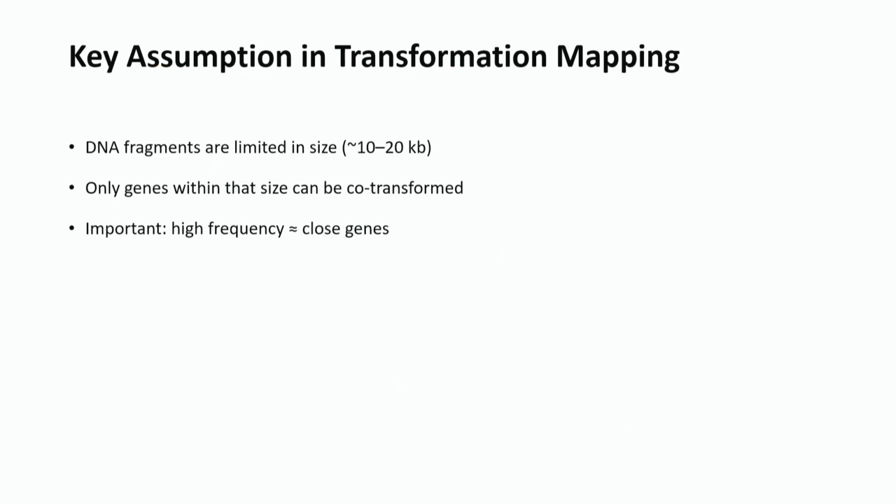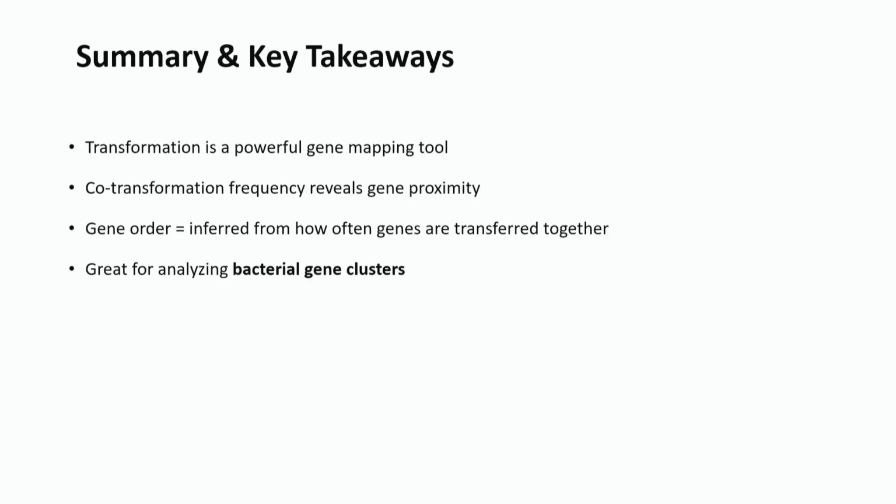The key assumptions in transformation mapping are that the DNA fragments are of limited size, right, 10 to 20 kb. It is very difficult for a bigger DNA to get its way into the bacterial cell. So only limited genes in that span can be co-transformed, and as I just mentioned, high frequency means the genes are close to each other.